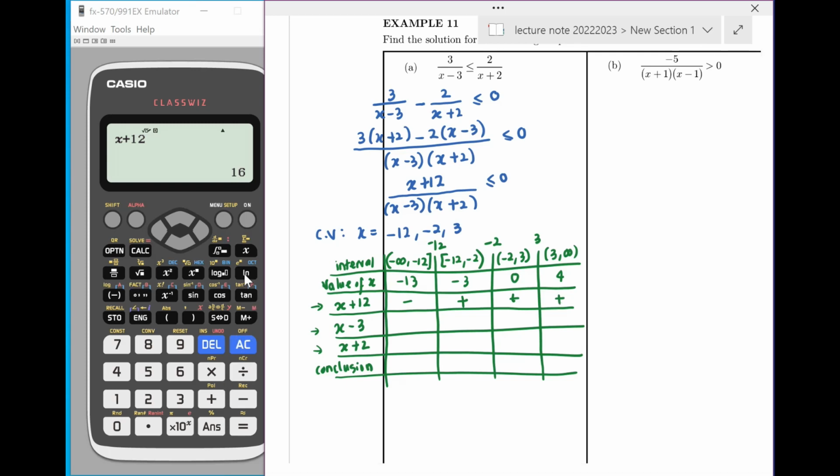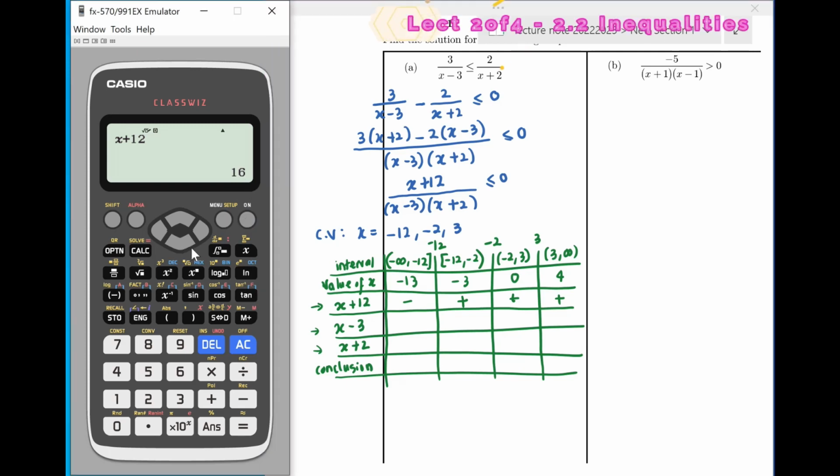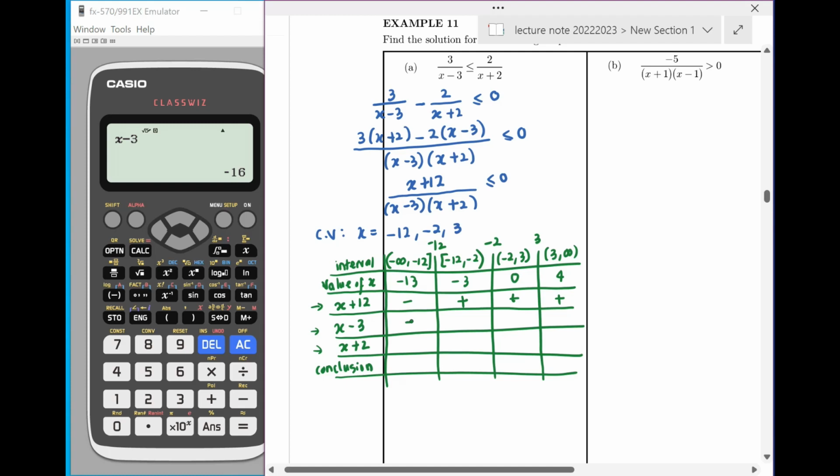Okay, let's say we do it for x minus 3. So x minus 3. So we press calculate. And then we need to first key in negative 13. So negative 13. And then equate. We'll get a negative value. So put here negative.